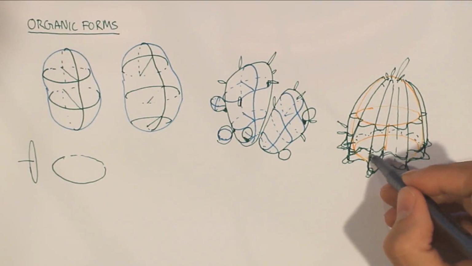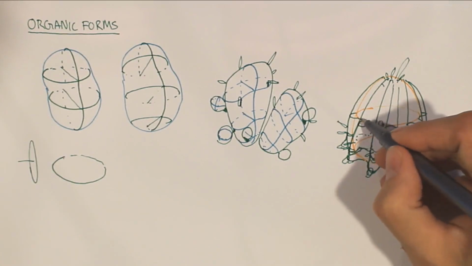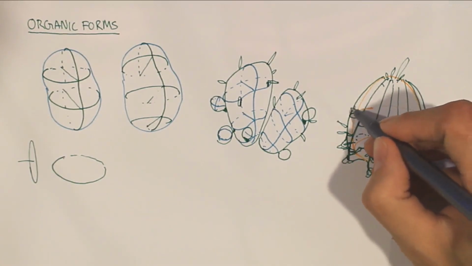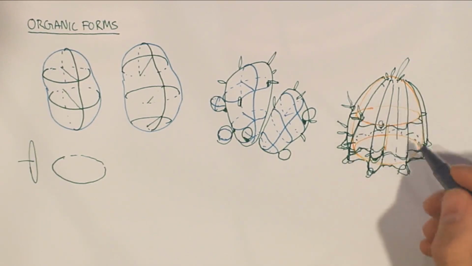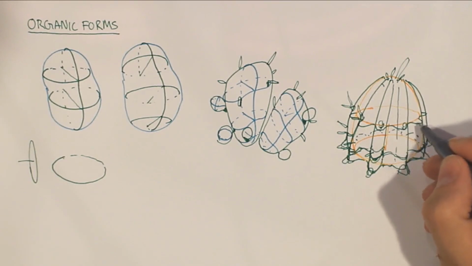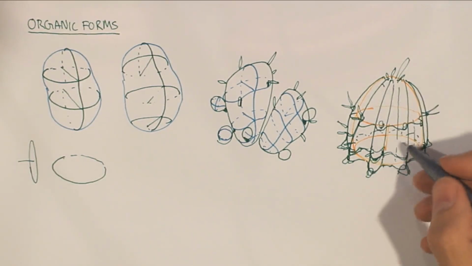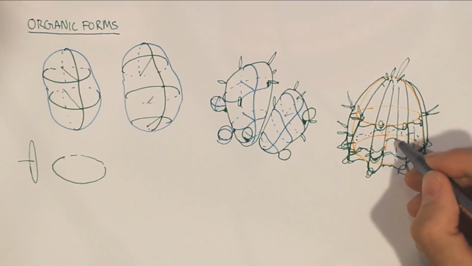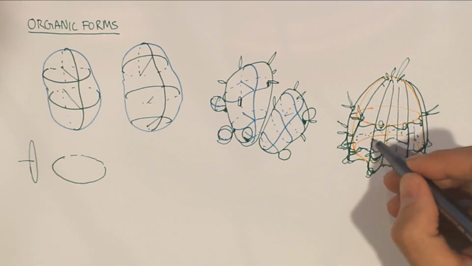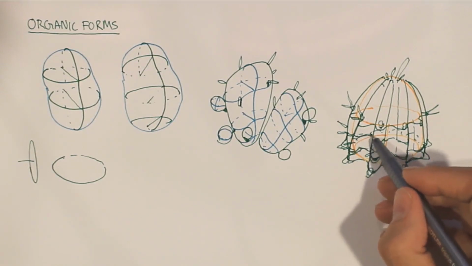I'll add in some of those spines from the cactus. Again, follow the contour of that shape there.